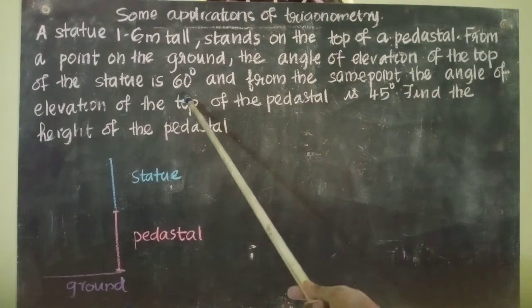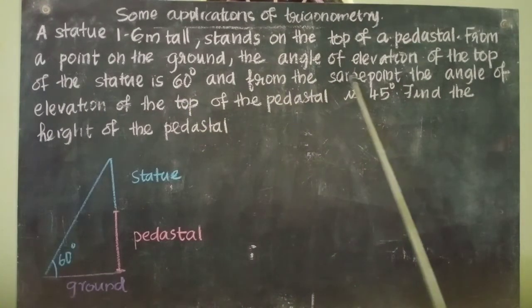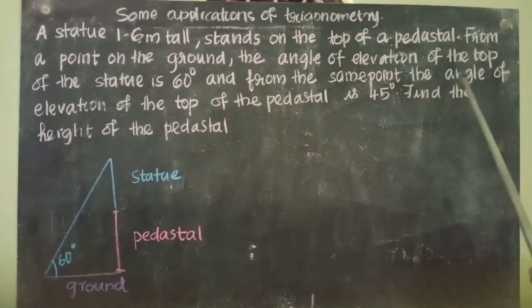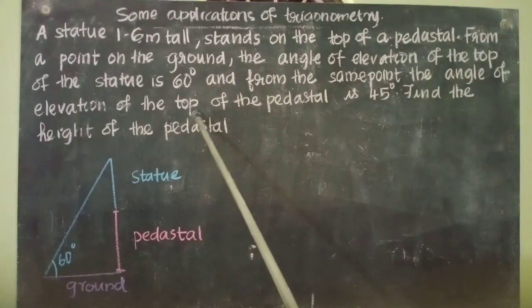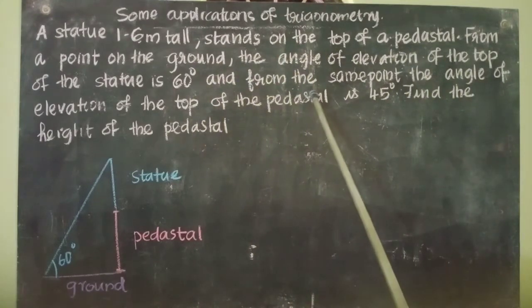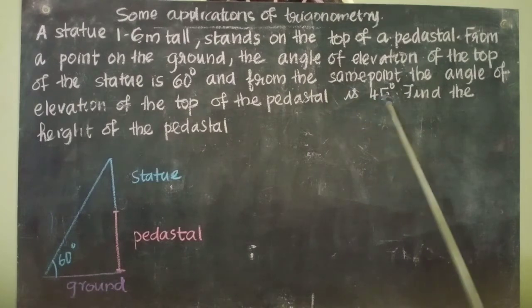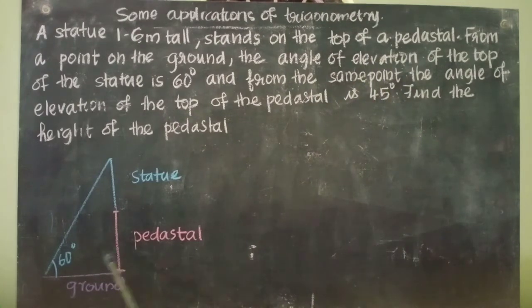Let us draw it. And from the same point, the angle of elevation of top of the pedestal is 45 degree. From the same point, the person is looking to the top of the pedestal. This is the pedestal and this point is the top of the pedestal.